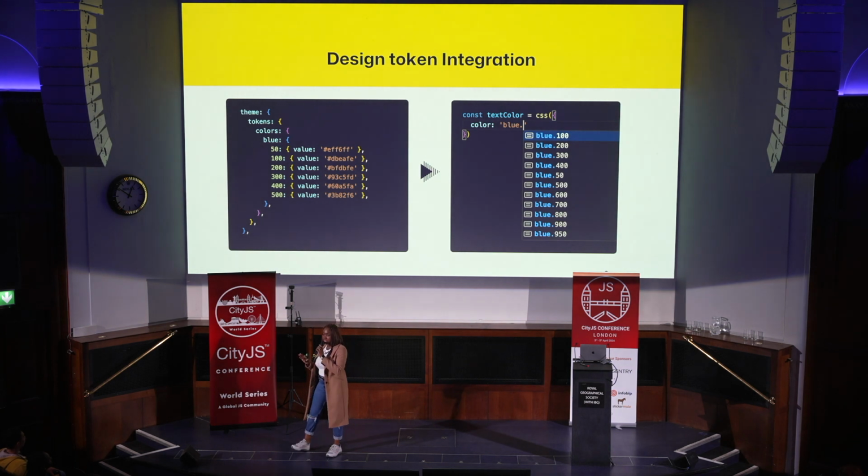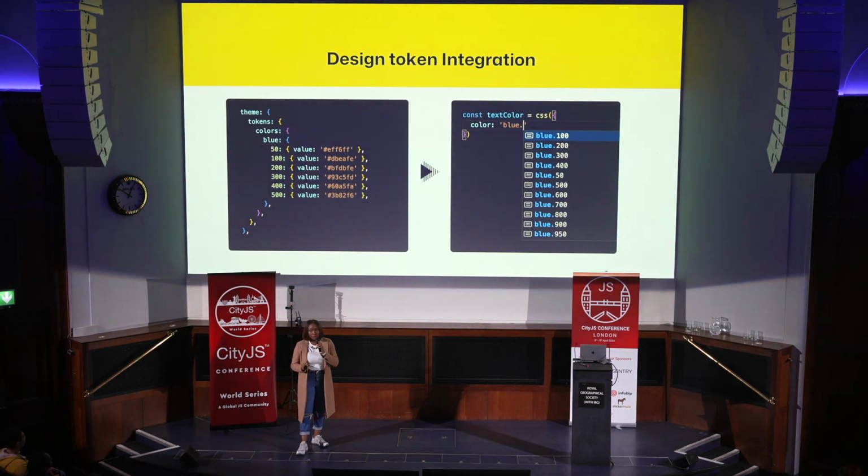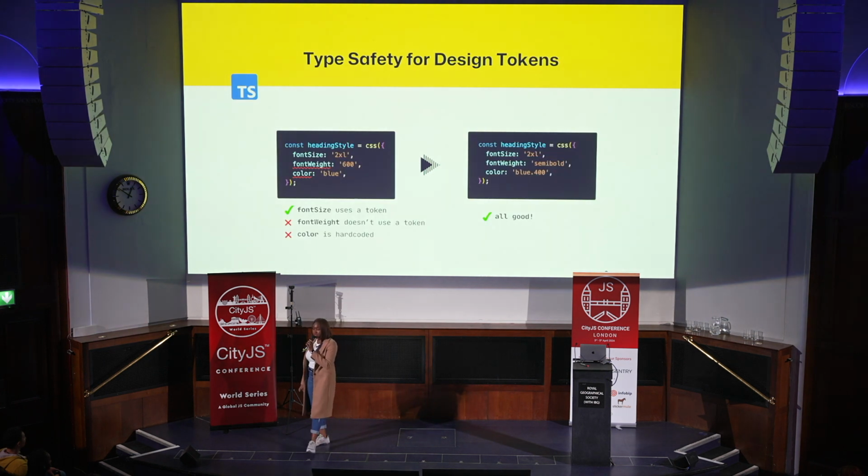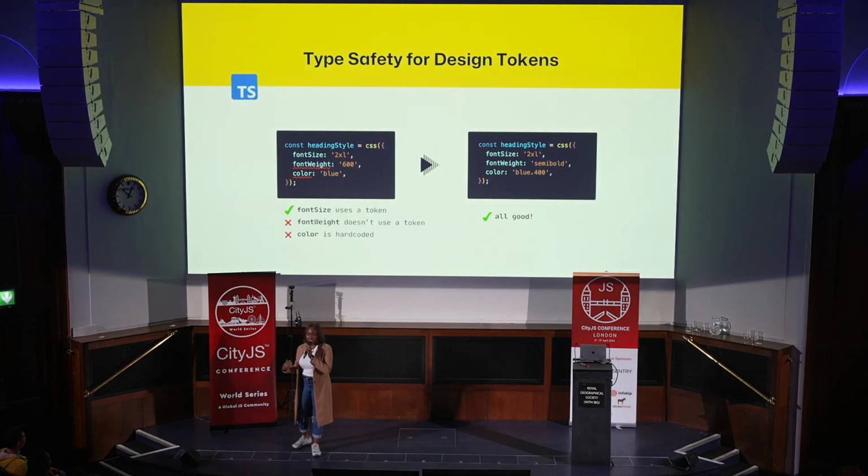Another thing that CSS in JS should have is the support for design tokens. And by design tokens, developers are able to define their styles in a single place and use these styles as tokens throughout their applications and components. CSS in JS should also support type safety for design tokens.